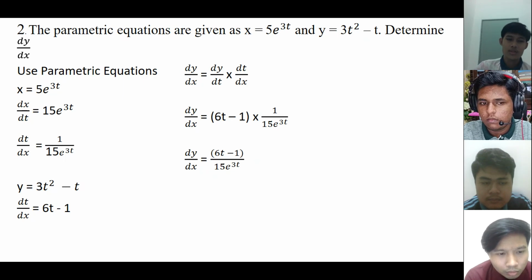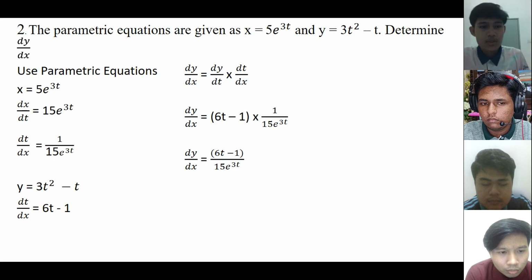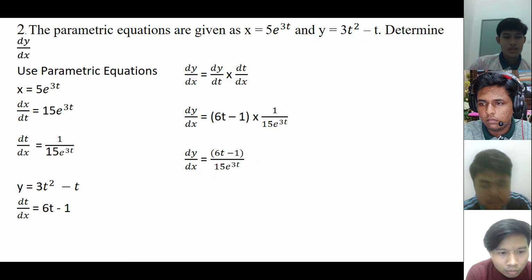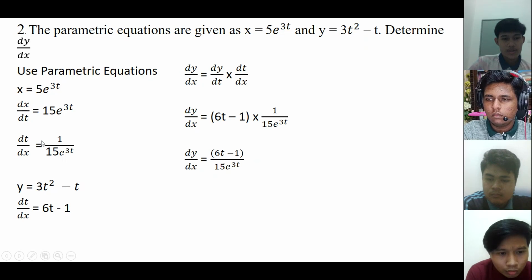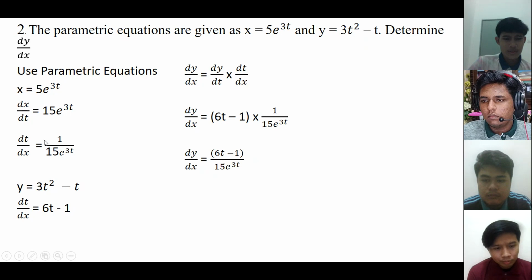So the equation x, we have to solve in exponential form. We differentiate dx with respect to time. So dx over dt equal to 15 exponential 3t, and then we differentiate it, it will become 1 over 15 exponential 3t.